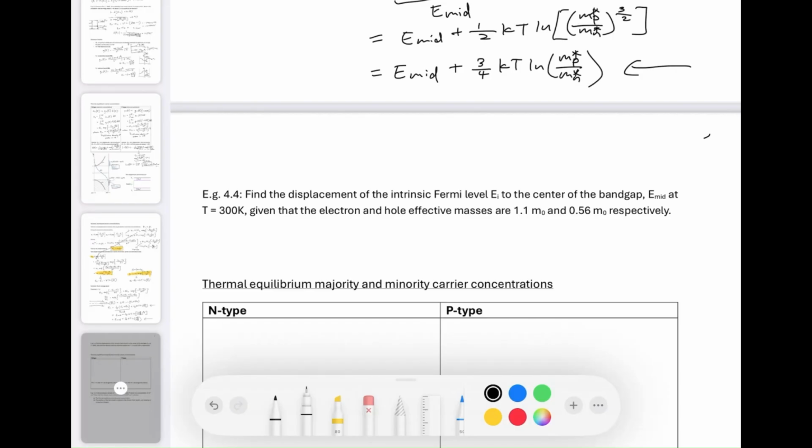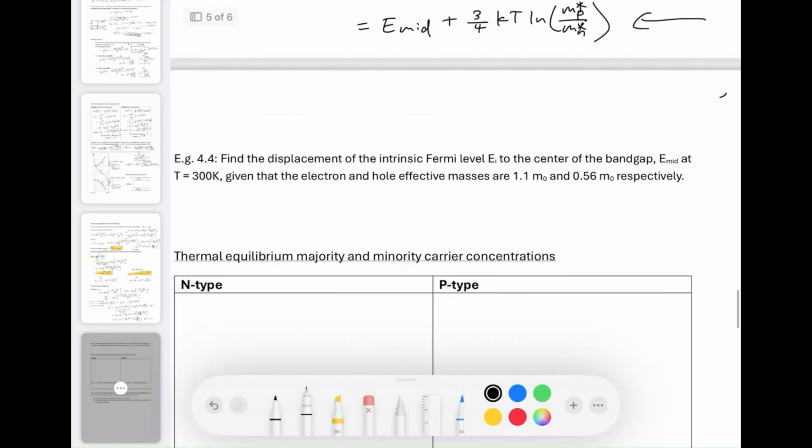So example 4.4: find the displacement of the intrinsic Fermi level, Ei, to the center of the band gap, E mid, at T equal 300K, given that the electron and hole effective masses are 1.1 m0 and 0.56 m0 respectively. This is very straightforward.